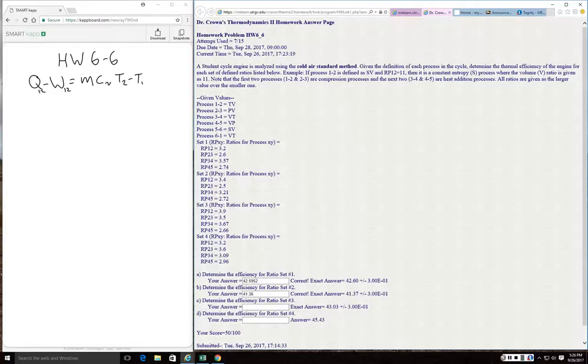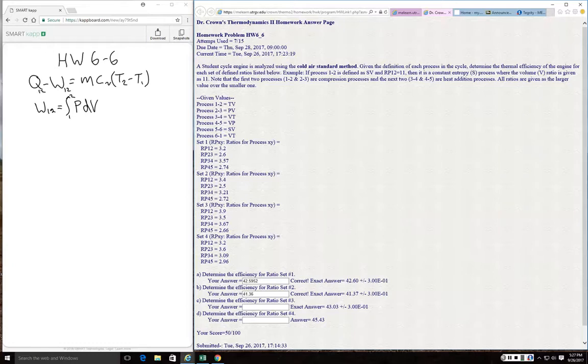Of course, I can use it for any process, but I'll just illustrate it here for process 1 to 2. If Q and W are both non-zero for a process, then we'll need another equation. The work for 1 to 2 could be given as the integral from state 1 to 2 of P dV. And then depending on the process, we get some different results.